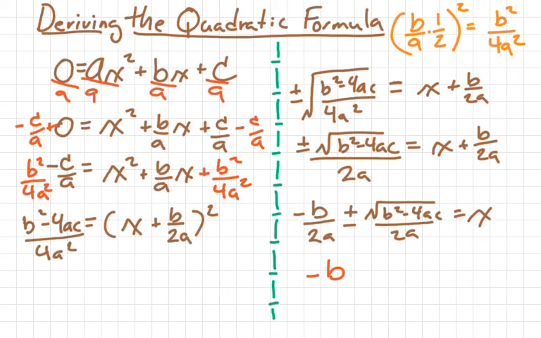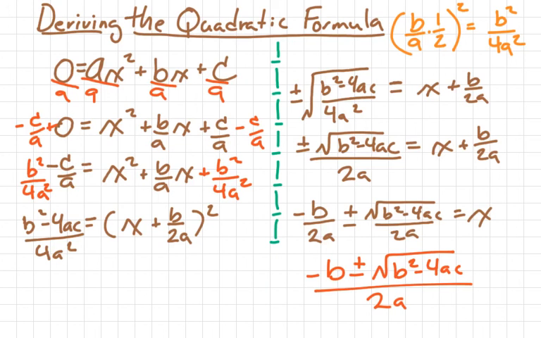So negative b plus or minus the square root of b squared minus 4ac all over 2a is commonly how you would write the quadratic formula.